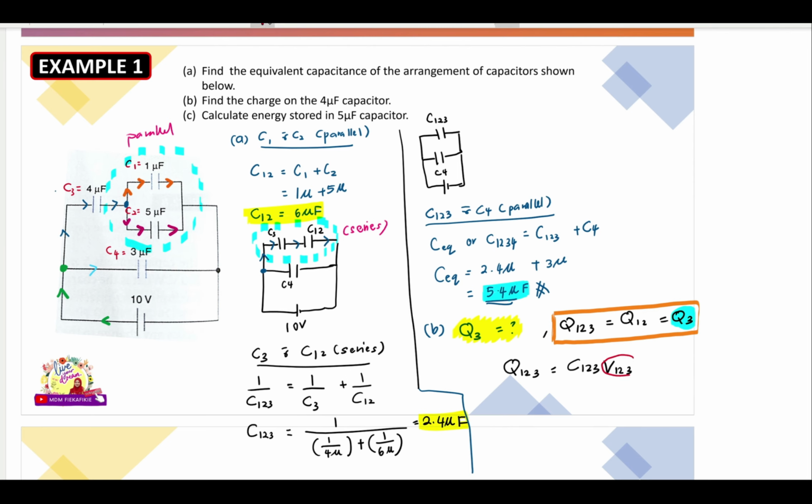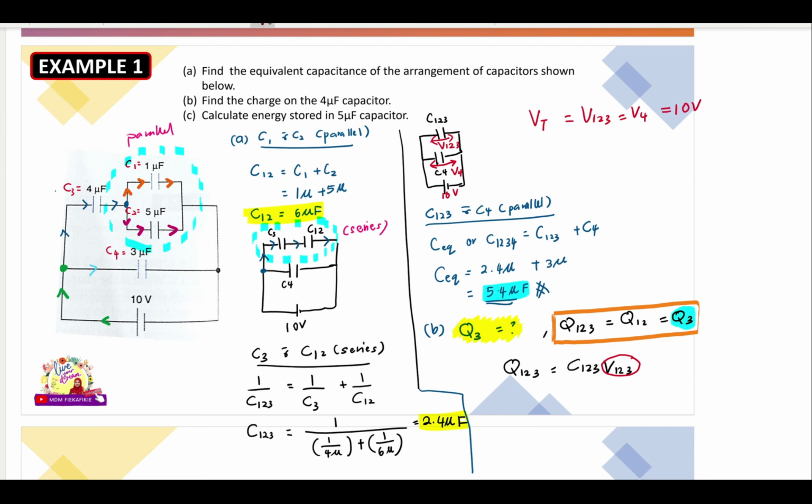But we can straightly find V123. You tengok dekat sini, the last one is the parallel circuit. So since here is 10 volt, awak kena hafal lah, sini mesti sama dengan sini. Voltage across V123 equal to V4 equal to V total.